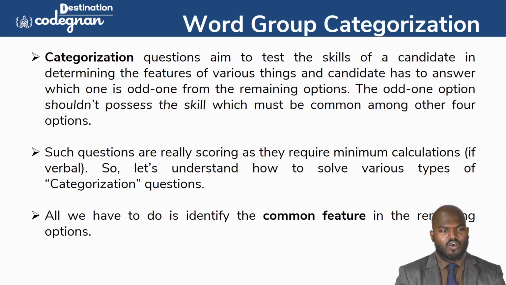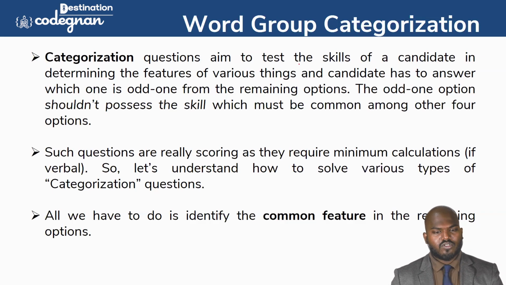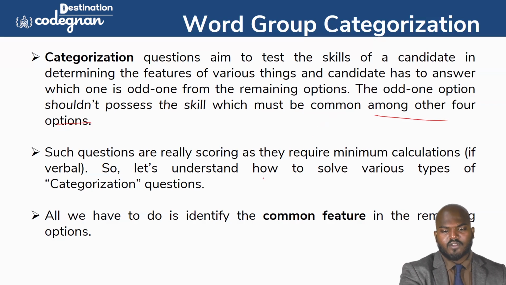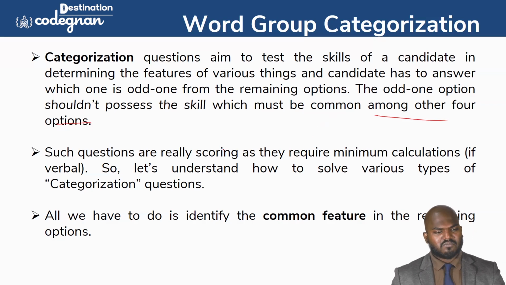So you see this one, they have given categorization questions that aim to test the skill of the candidate in determining the features of various things, and the candidate has to answer which one is the odd one from the remaining options. The odd one out shouldn't possess the feature which is common among the four options here. Such questions are really scoring as they require minimal calculation. So you need some minimum knowledge of this categorization.